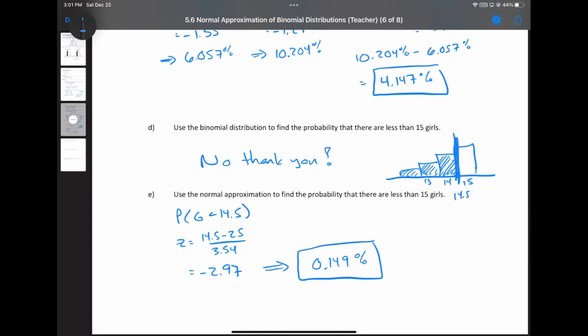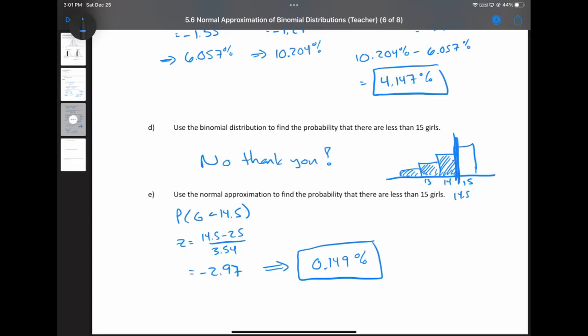Now, I will point out that some people in my class before have pointed at something that is actually valid. I just tend to wave past it. They say, well, if we're thinking of these discrete numbers, shouldn't I really be looking at the number of girls being less than 14.5 but greater than negative 0.5? Because negative 0.5 is the last discrete number I can get.